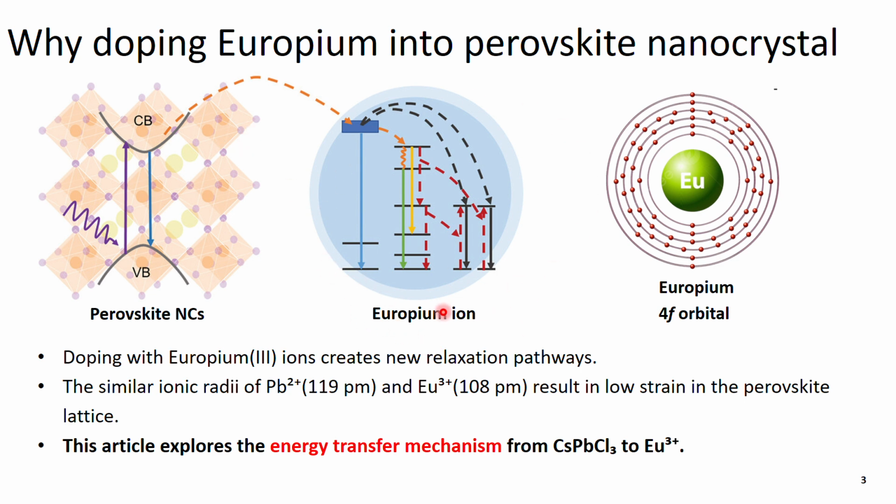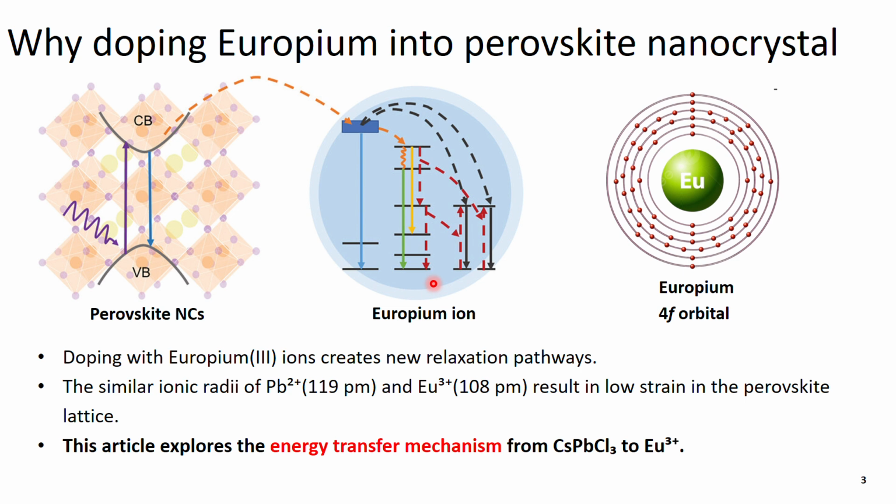So the europium ion can make the intra transition, and we can get a different luminescence. It doesn't happen in the perovskite nanocrystals. So doping the europium ions created a new relaxation pathway.